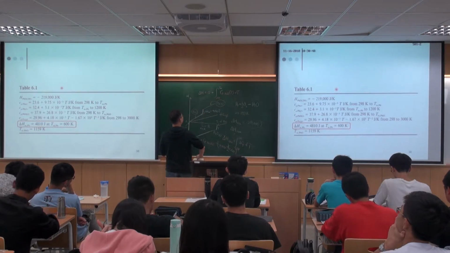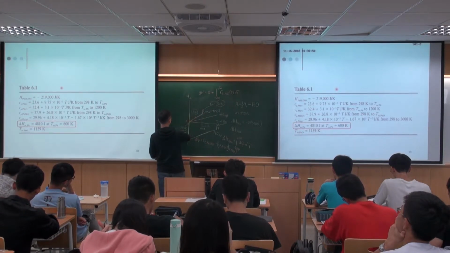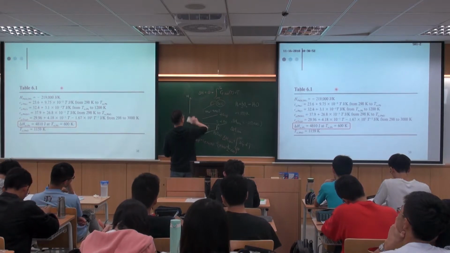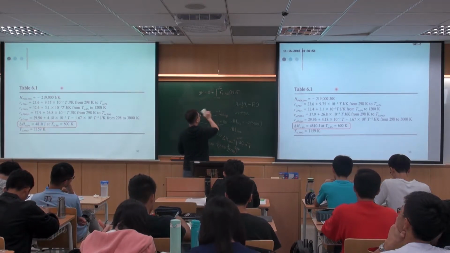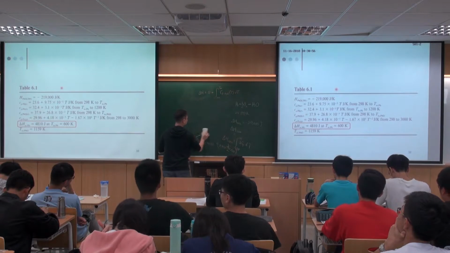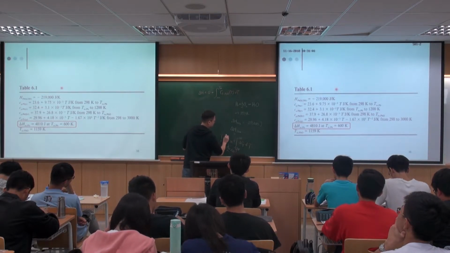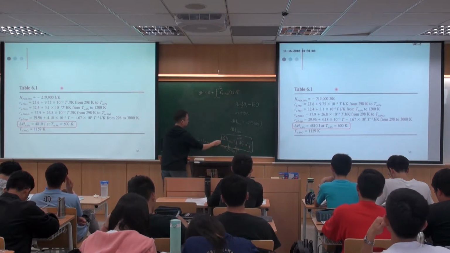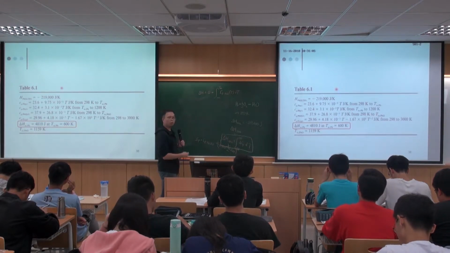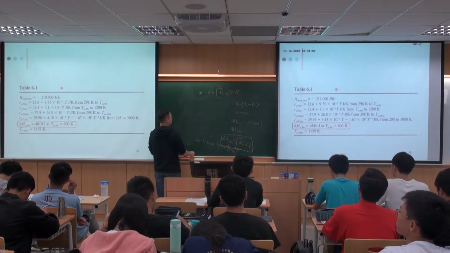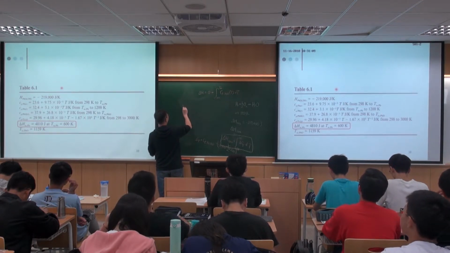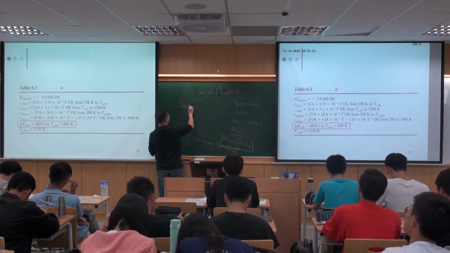So let me rewrite that over here. I'll erase this one. This is what we want to calculate. So at 500 Kelvin, what will be the delta H? And the key information is to figure out delta Cp.